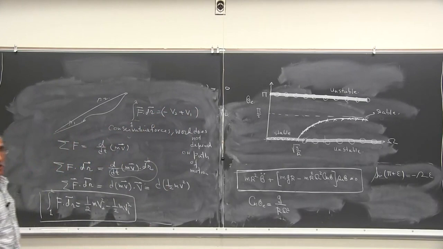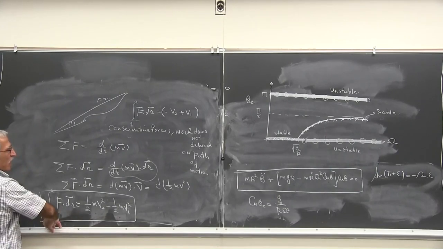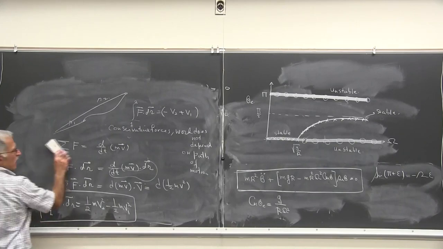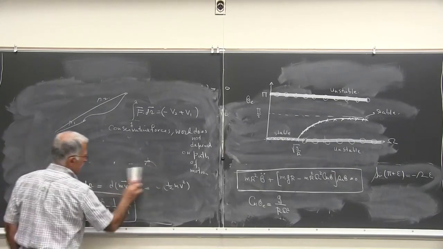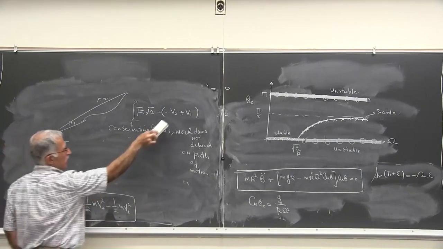It's called potential energy. It doesn't depend on the path, it just depends on the end condition. Those forces are called conservative forces. So this work that you have here, if I have conservative forces, those are called potential energy.